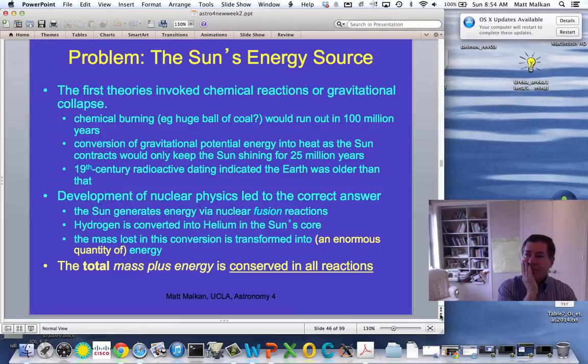Well, that's the interesting question. Now, around the turn going into the 20th century, it was realized by Einstein, very famously, that if you have a nuclear reaction, the forces are enormous there, the potential energies are huge, and I want to get energy out.